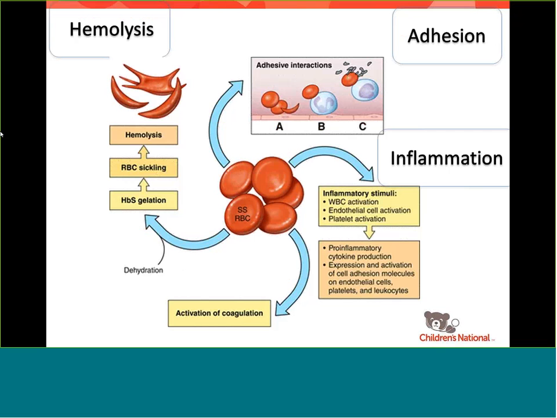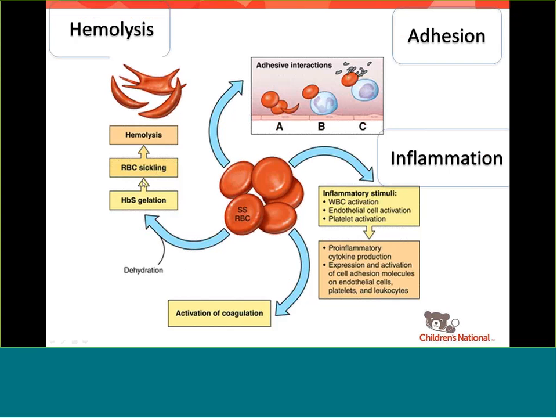Moving to therapies, I just want to briefly mention what we are now thinking about sickle cell disease. Switching gears for the next 5 minutes to tell you about hemolysis. So when we think about sickle cell disease, we think about hemolysis, we think about adhesion, we think about inflammation. On the left side of this schematic graph, you can see that you have hemolysis.